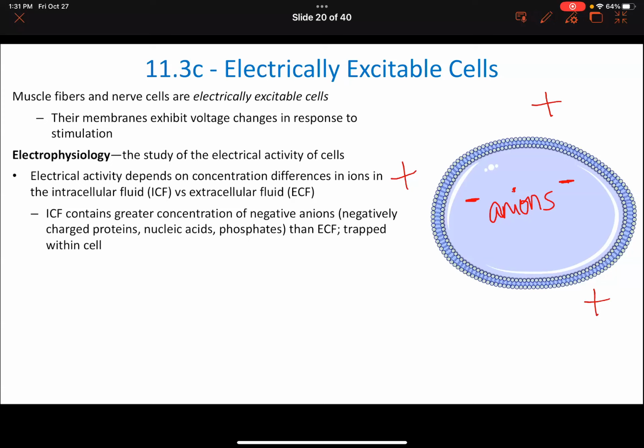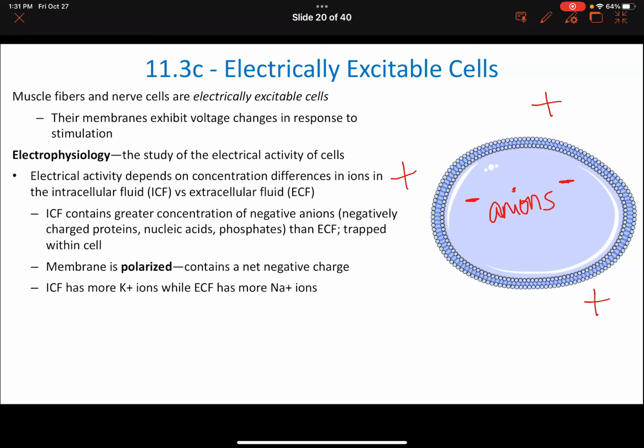And that's just the basic cell in an extracellular environment. So both muscle cells and nervous system cells respond to two specific ions, potassium and sodium. And these are the ones that, for the purposes of this course and for understanding how electrically excitable cells work, we're going to talk about.